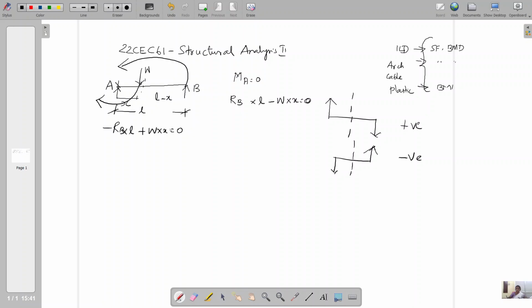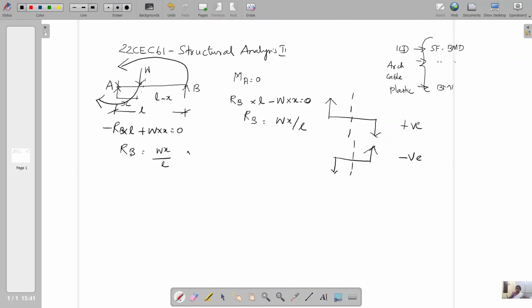When you equate this equation to 0, both are the same. In one equation I follow the sign convention and in the other I follow the opposite, but both results will be 0. Either way you calculate, you get the same answer, Wx by L, where based on our sign convention RB is negative.